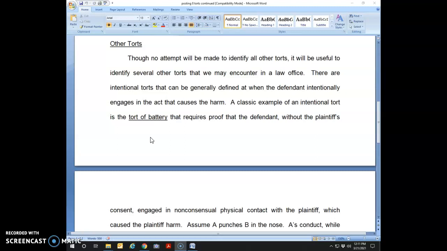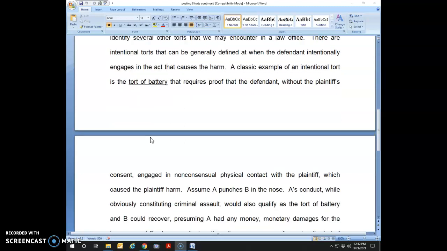The touching often is a violent type of touching, or perhaps a molesting type of touching, which I guess would always be violent too. And we now have the tort of battery.